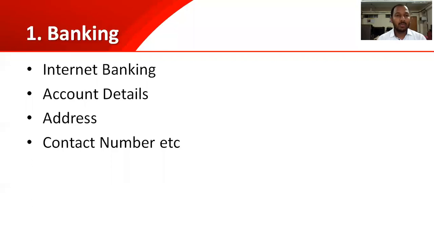Before that, you create the account. While creating the account, your username and your password is stored in the database. So whenever you log in to the internet banking website of a particular bank, your identity is checked, that whether a particular password and the particular username is matched or not. If it is matching, an access is given to that particular internet banking web page.